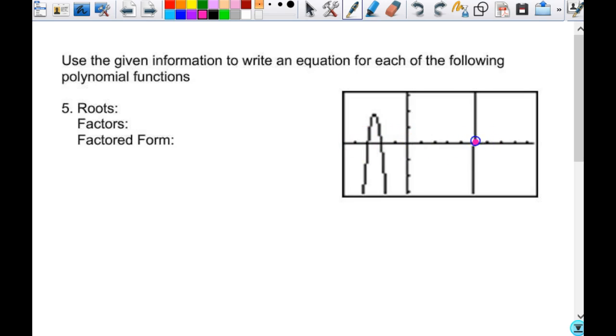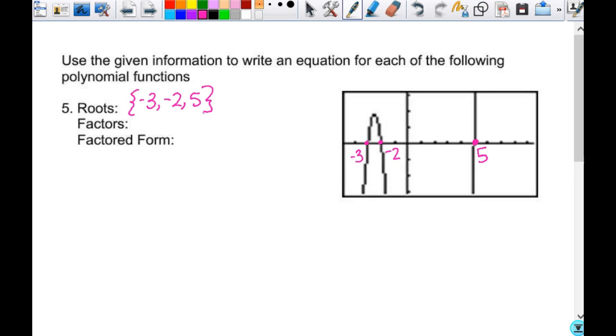This is right here at 1, 2, 3, 4, 5. This is at -2 and -3. So my roots are -3, -2, 5.